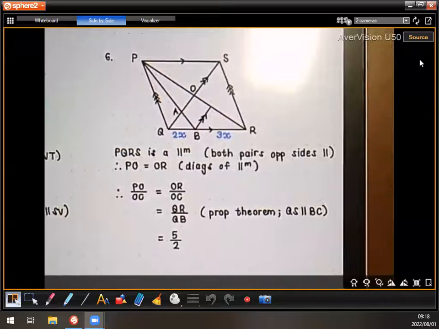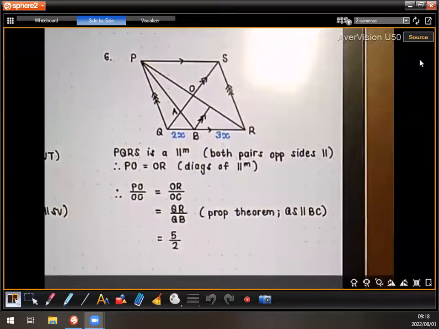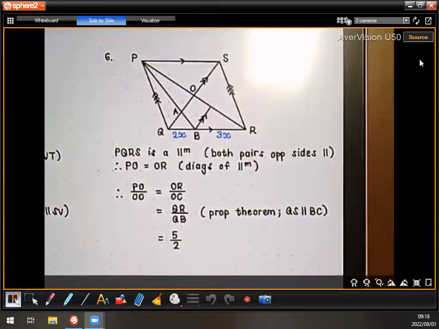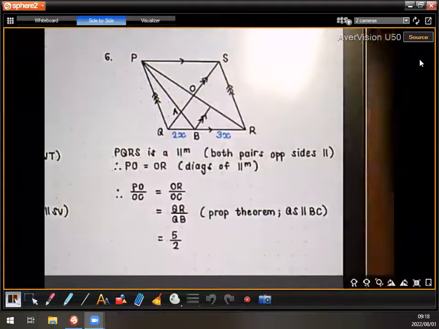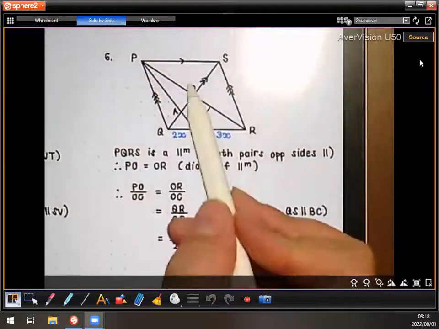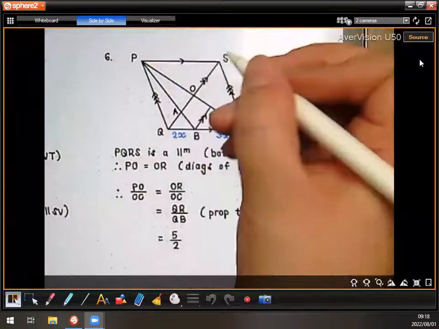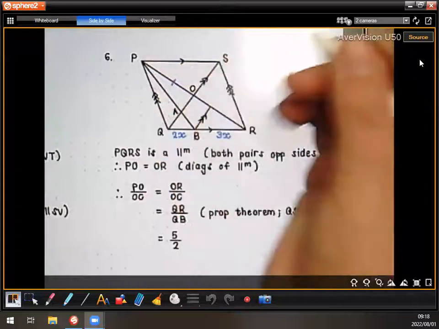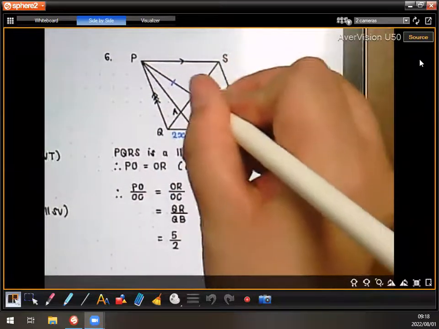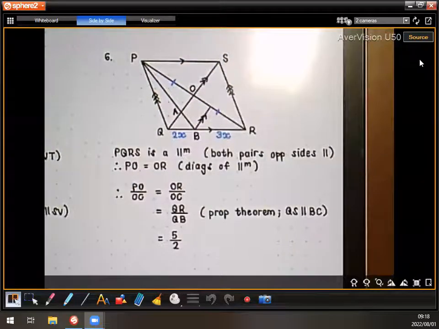Because of that, do we remember the main property of the diagonals of a parallelogram? They bisect each other. They're not equal in length, but they do bisect each other. That means, and I didn't actually fill it in on the picture here because there's a gap there, that PO is going to be equal to OR, the whole side.